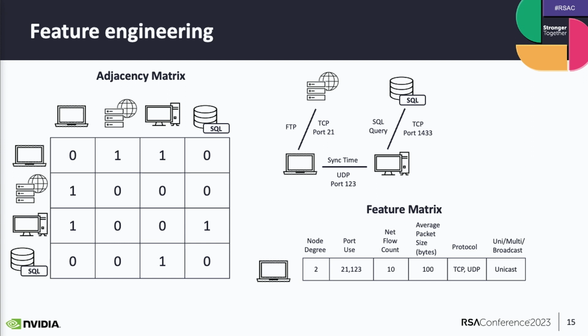We can also derive other features corresponding to the ports that are used by this asset, the total number of net flow events, the average packet size, the protocols that are being used, and whether it engages in unicast, multicast, or broadcast communication. These are just some basic examples that I've used for this illustration. You can obviously get even more creative and use more examples depending on the data sets you use. In our exercise, we use close to 70 features for each asset.